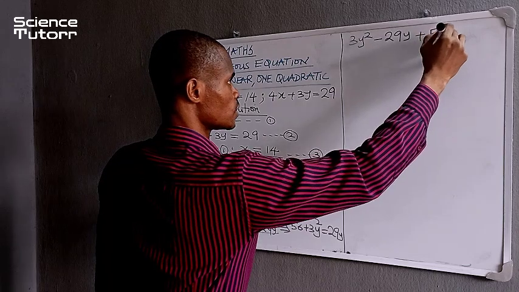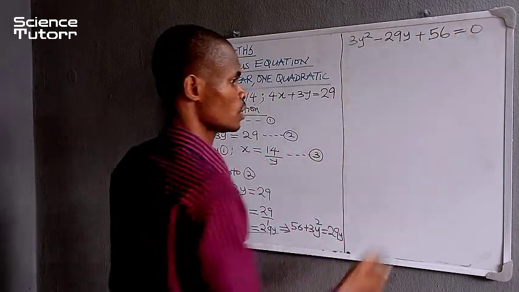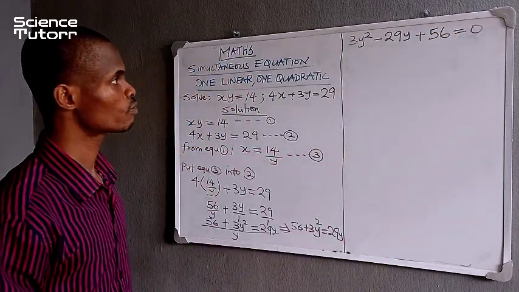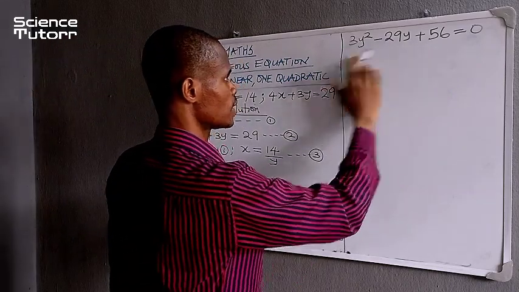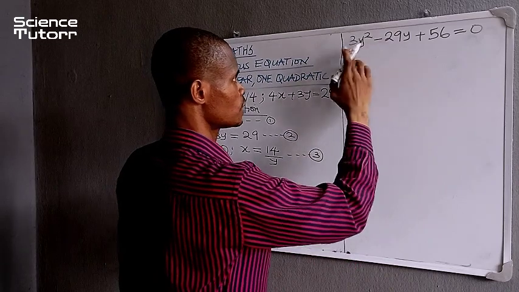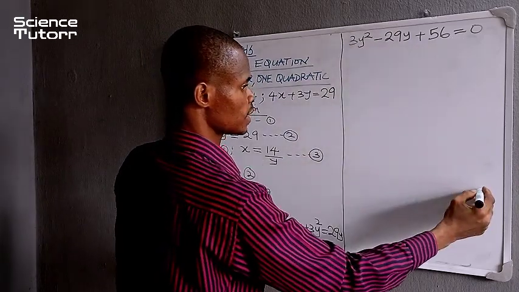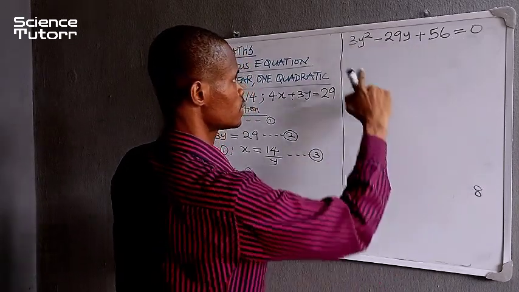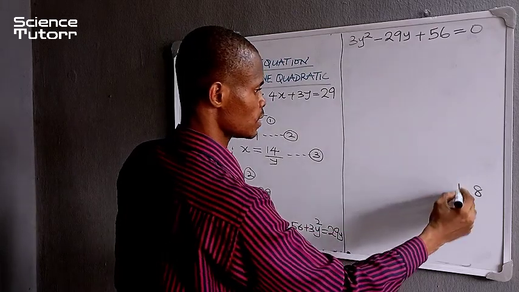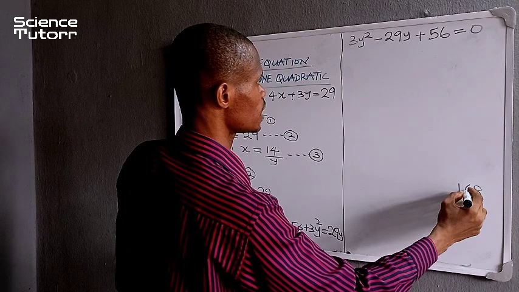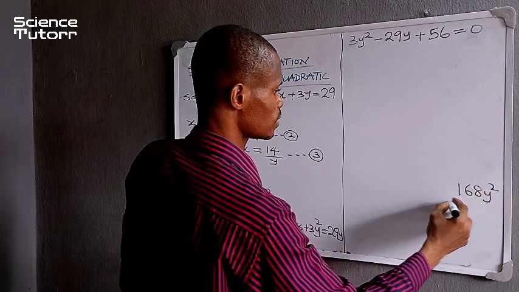Now rearranging the equation is going to take this shape: 3y squared, crosses over, minus 29y plus 56 equals 0. At this point, we solve quadratically. First times the last, so we have 3 times 56, 3 times 6 is 18, carry 1, 3 times 5 is 15 plus 1, 16. So I have 168y squared.